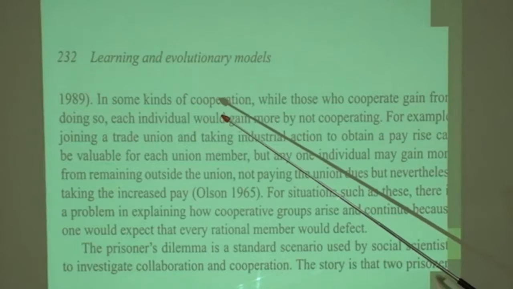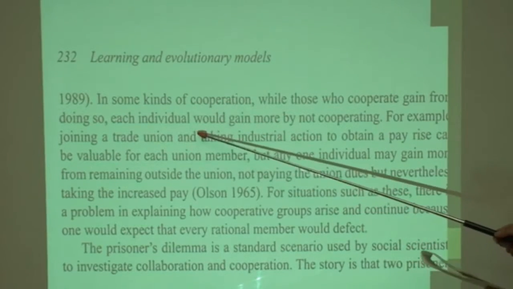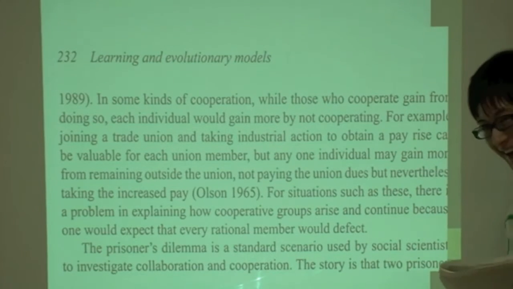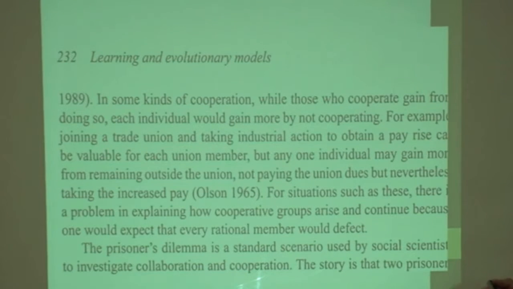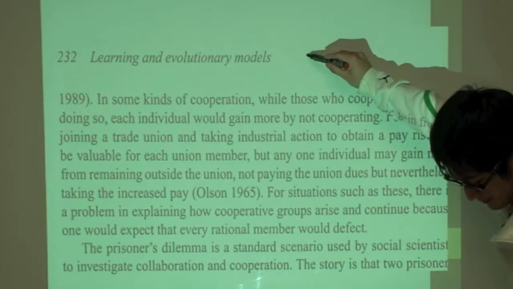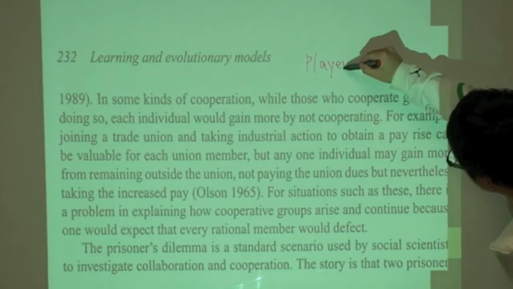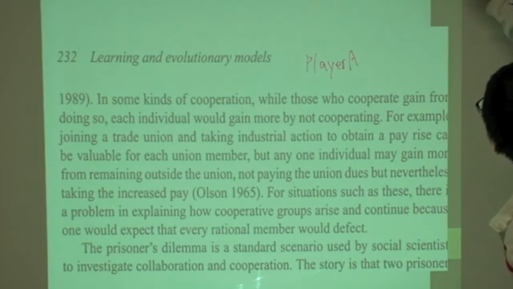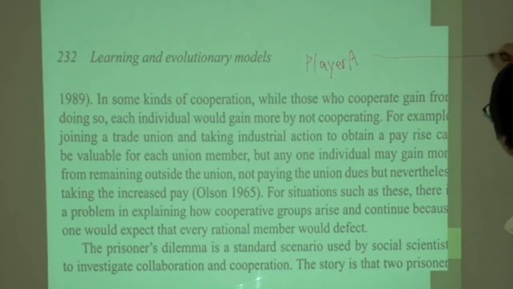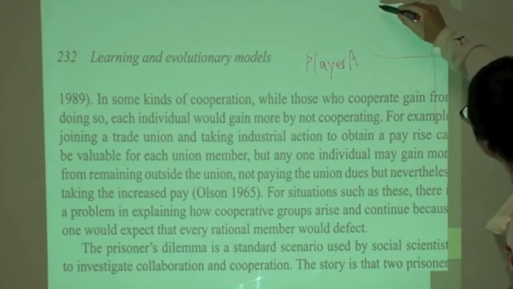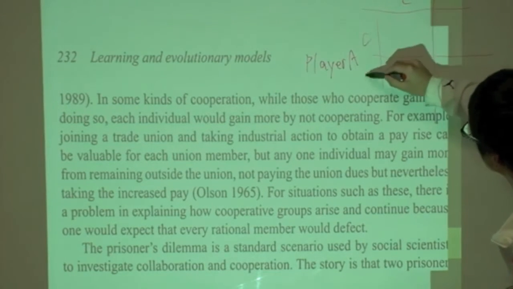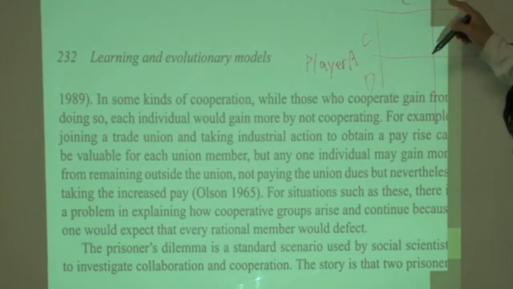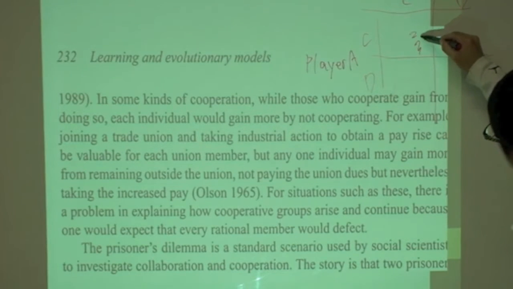This is the prisoner's dilemma's payoff matrix here. Player A, player B, cooperate, defect. If both players cooperate, they receive 3 points.